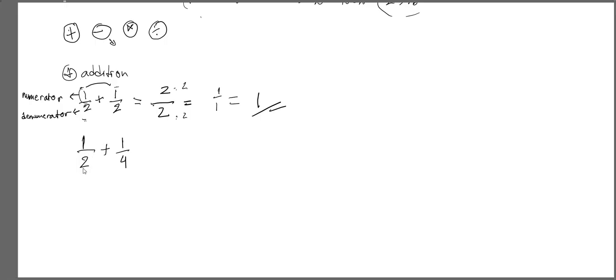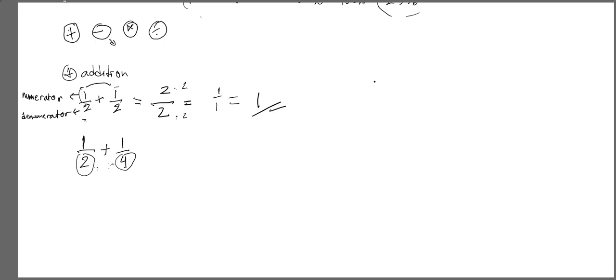First of all, we have to make sure that both numbers have the same denominator. It's supposed to be the same. Here we have 2 and 4. But before that, I would like to give you the logic behind it.